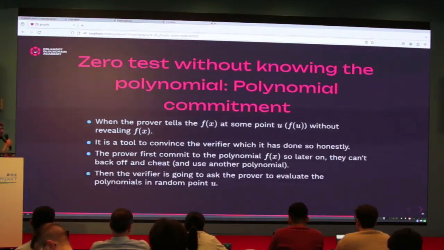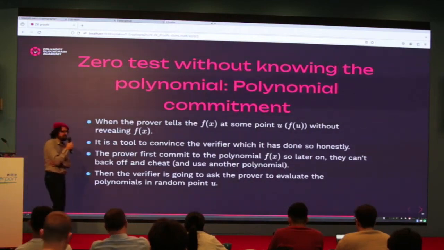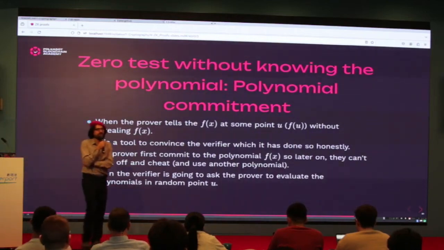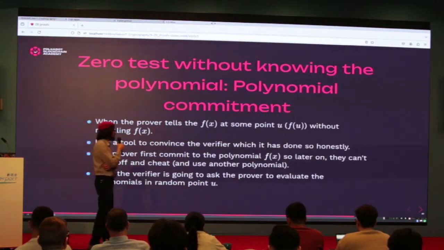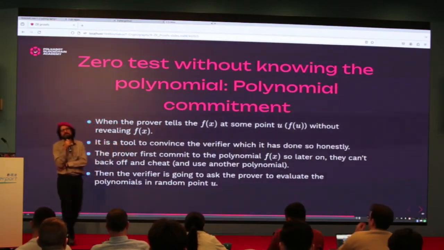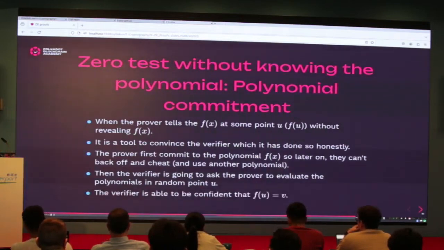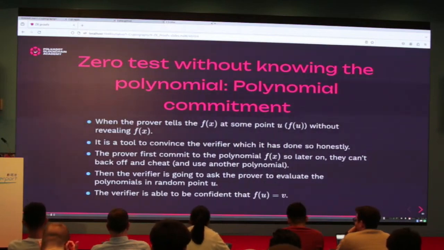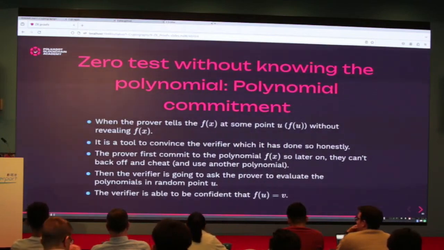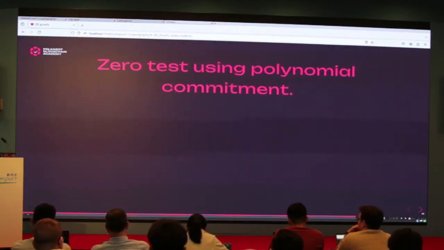Then the verifier gives me a random point and says, if you really committed to that polynomial, tell me the value of this polynomial at that point. Because of the commitment, you cannot lie about it.